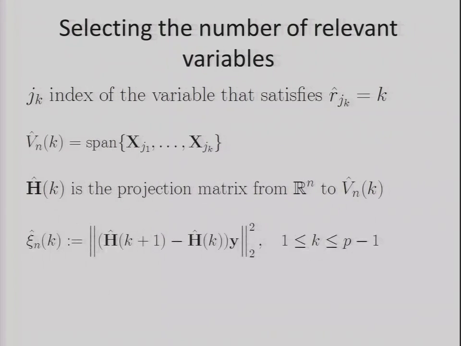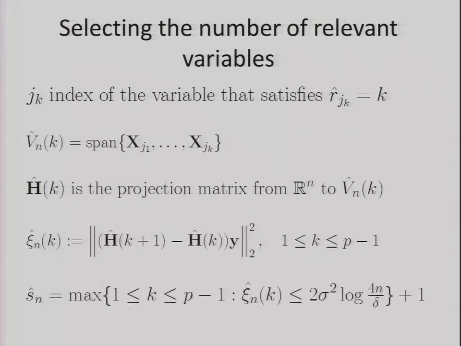And then we form a certain statistic psi n k, which is of this form. It essentially tells us how much signal there is in y when we use one more feature to predict y. So this quantity is going to be high as long as we are adding relevant variables into our support, and once it falls below a certain threshold, we need to stop.